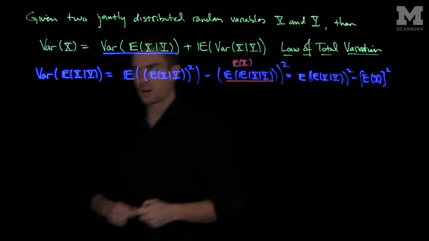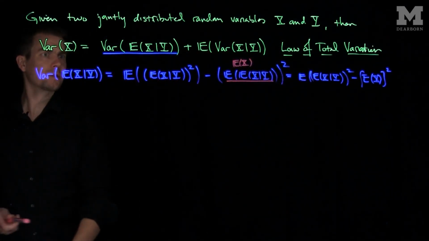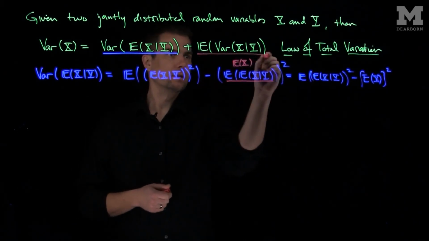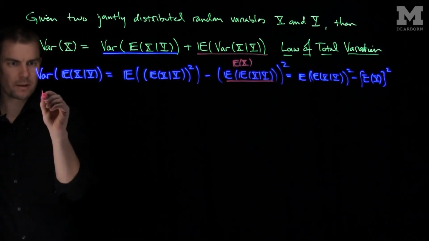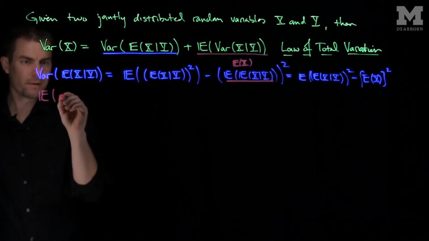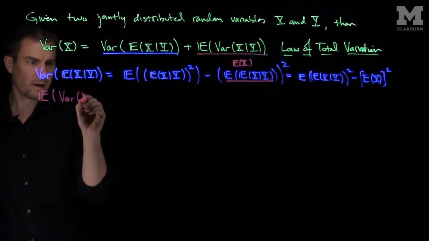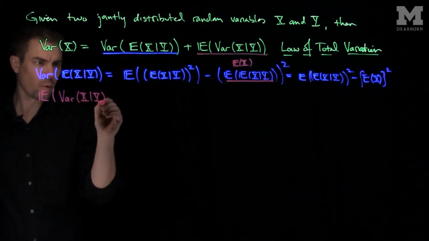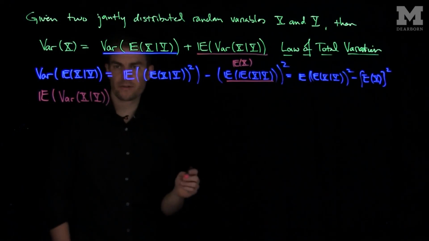Let's look at the second term in this expression, the expected value of the variance of X given Y. Now we'll compute what the variance of X given Y is.